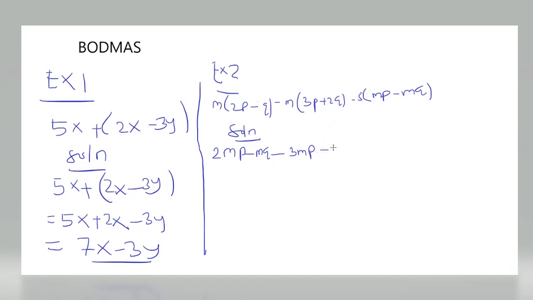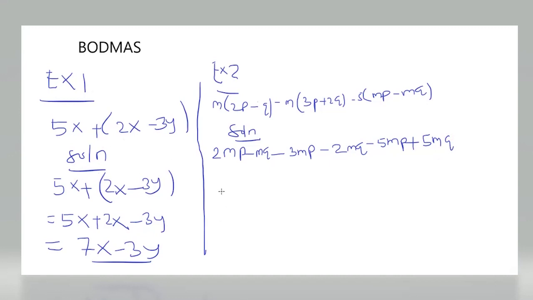This one will be equal to 2mq but negative, minus negative 5 times positive mp. This one is equal to negative 5mp, then minus negative 5 times negative mq. This one is equal to positive 5mq.